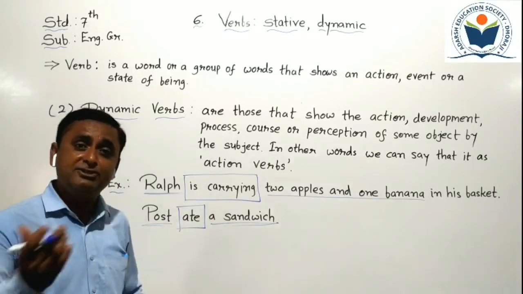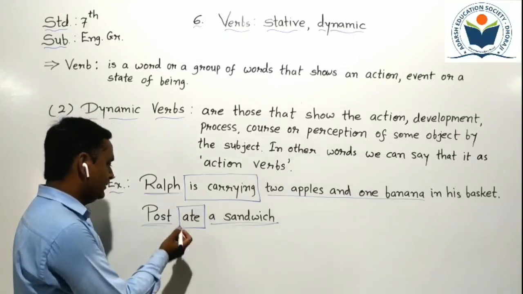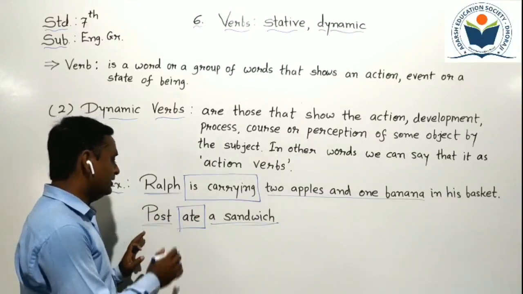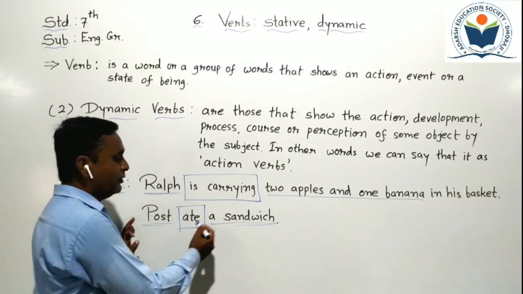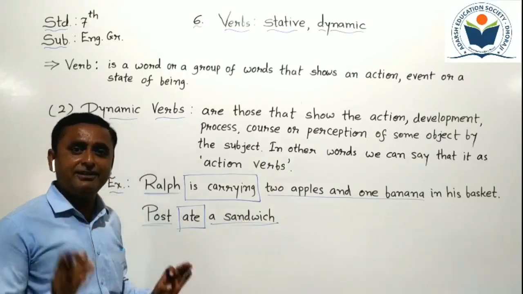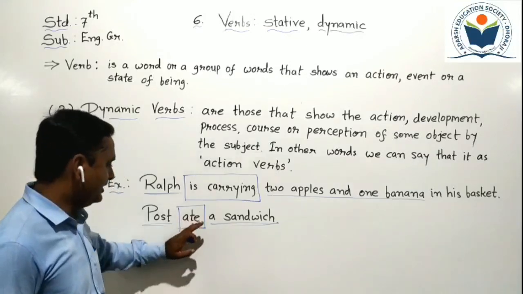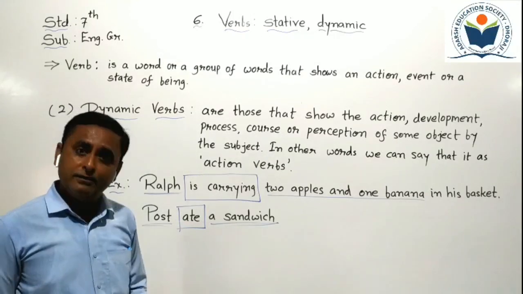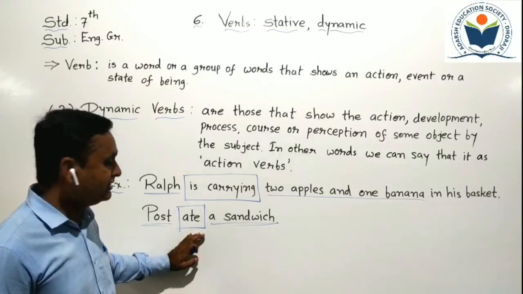It shows the subject's action, the action of Post. Post is eating a sandwich. So it shows the action of Post. So here "ate" is considered a dynamic verb or an action verb. Can you understand, students?